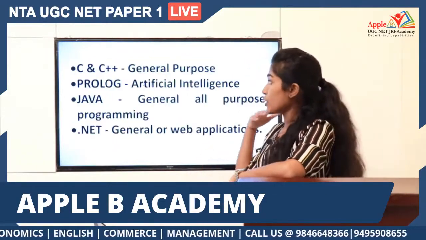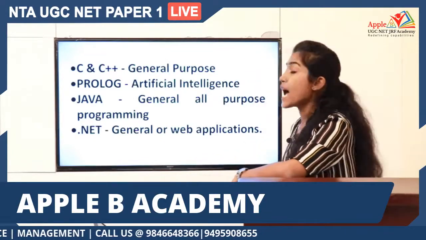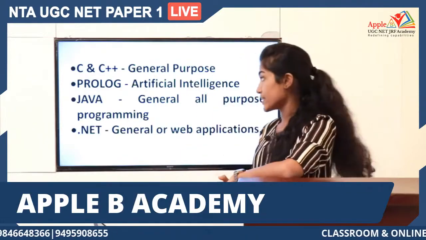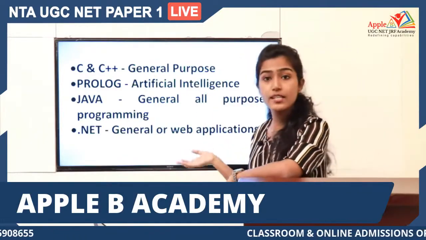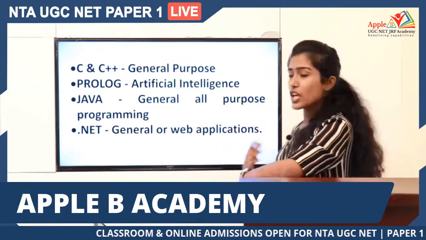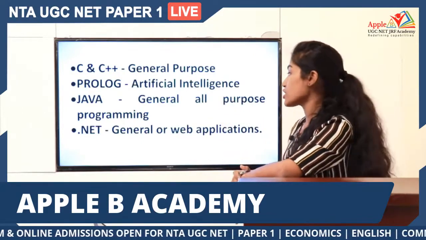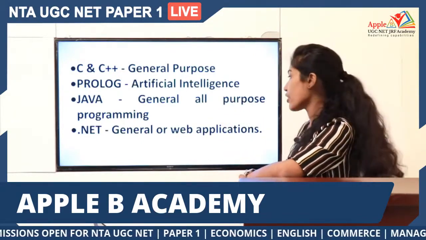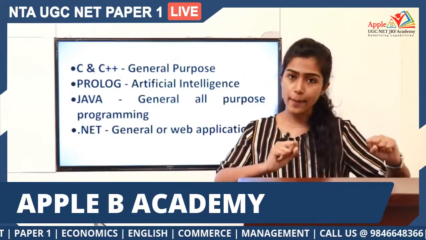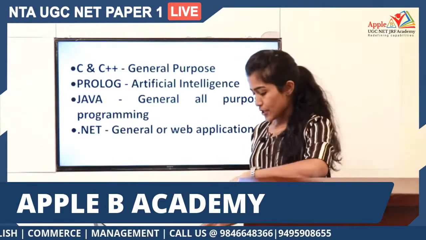Then you have C and C++, which are also used for general purposes. And Prolog is a language that we are using for AI, or artificial intelligence. And then we have Java. Java is the most popular and familiar language among these, and it is also a general-purpose programming language. Then you have .NET, which is also used for general purposes and also for web applications. So these are a few of the examples under computer programming languages.